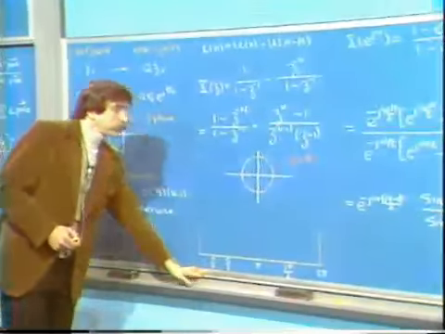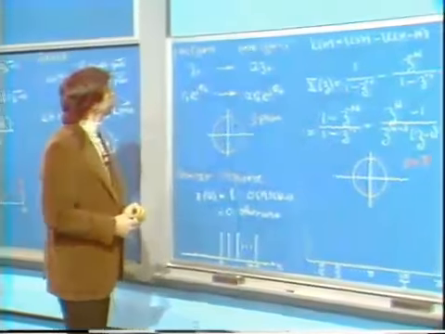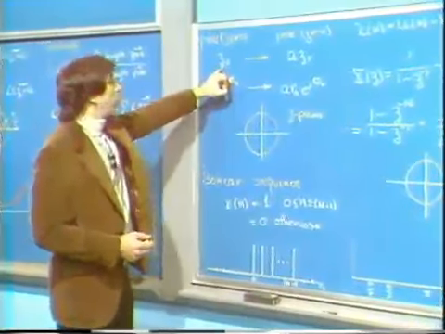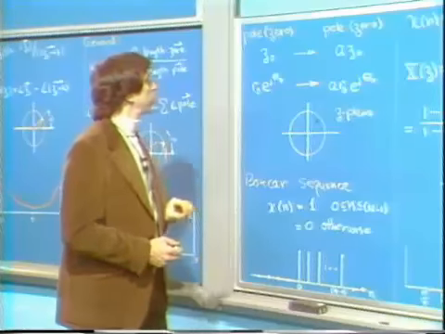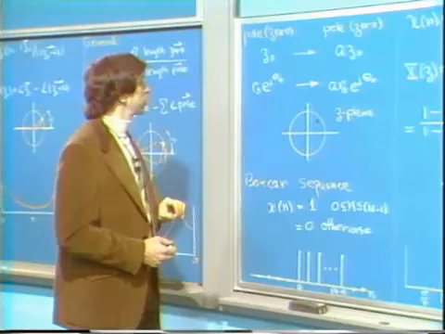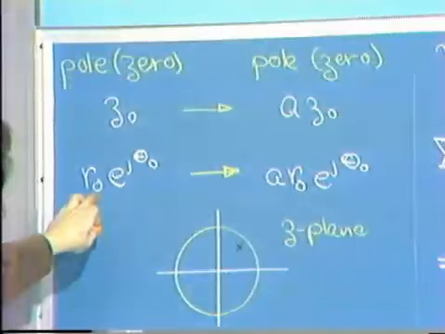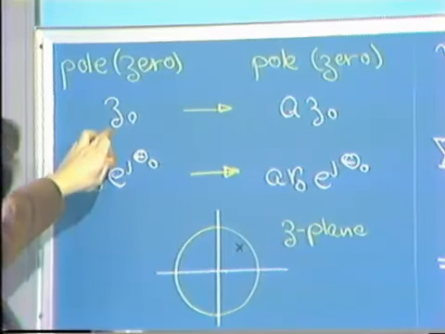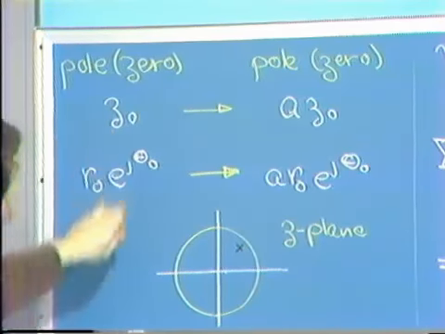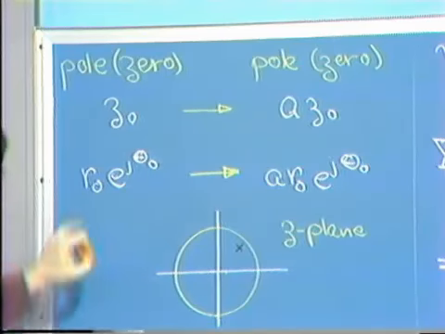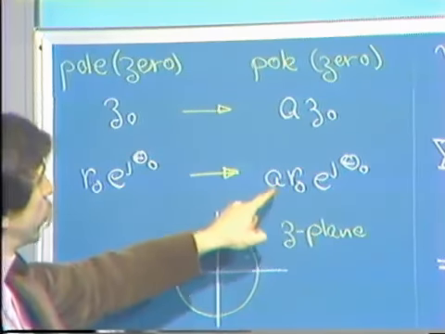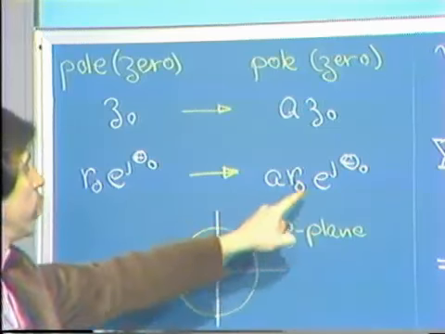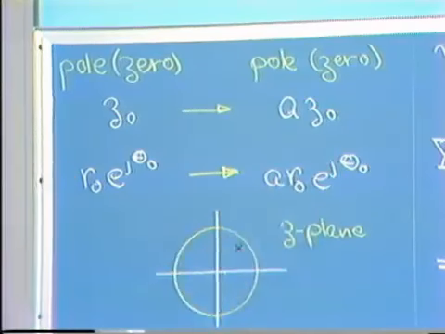Well, more specifically, then, here's our pole or zero, which gets converted to that pole or zero multiplied by a. And if we write this, or think of it, in polar form as r0 e to the j theta 0, then the result is a times r0 times e to the j theta 0.